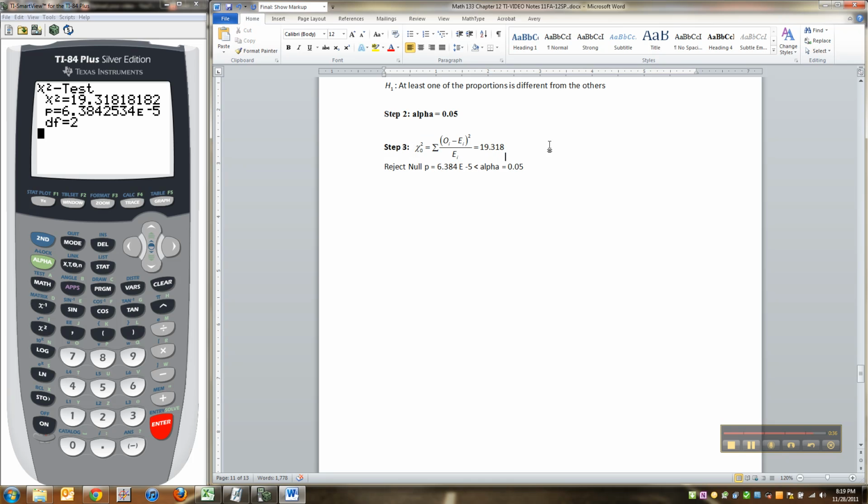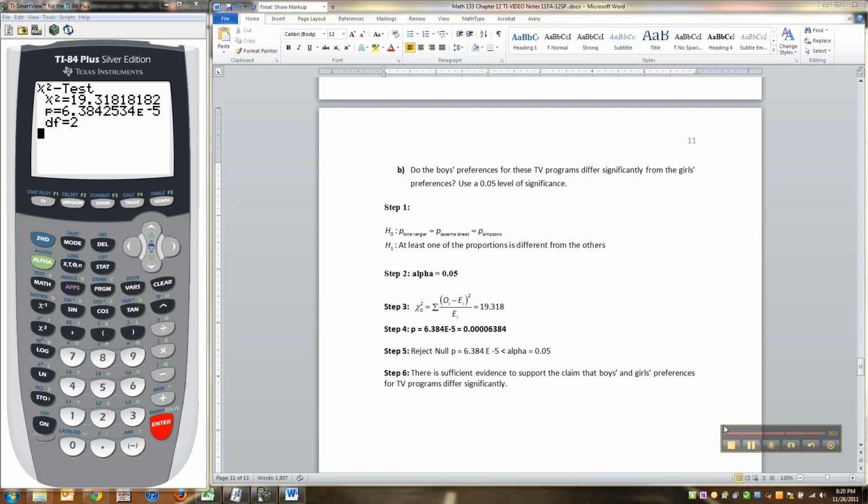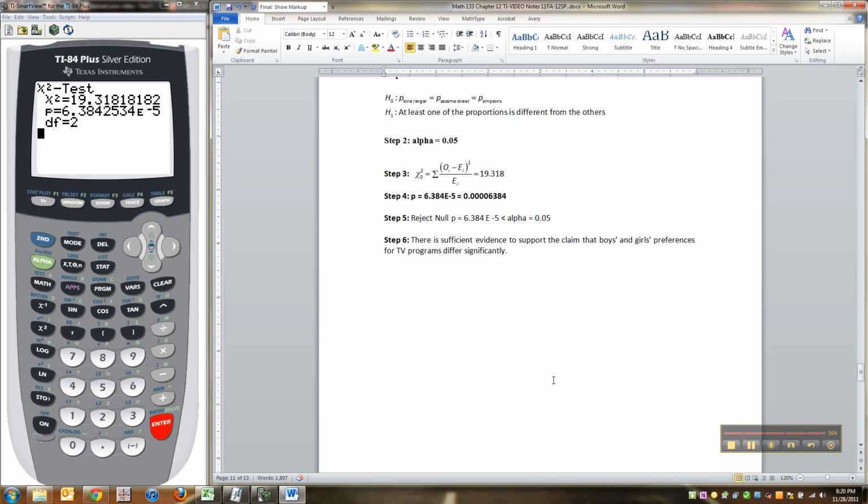All right, then our p-value, step 4, the p-value is equal to 6.384 e negative 5, which means you are totally going to reject the null hypothesis because your p-value is so low. Poof, which means there is sufficient evidence to support the claim that boys and girls' preferences for TV programs differ significantly. All right, I'll see you back here in chapter 13.